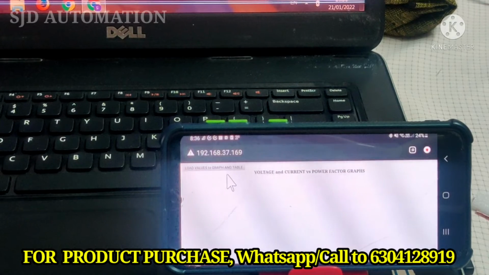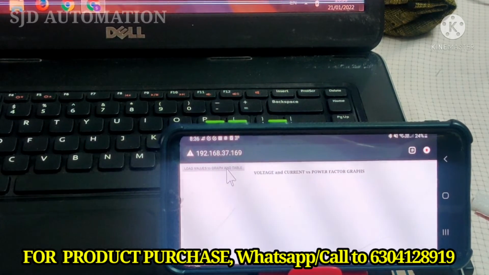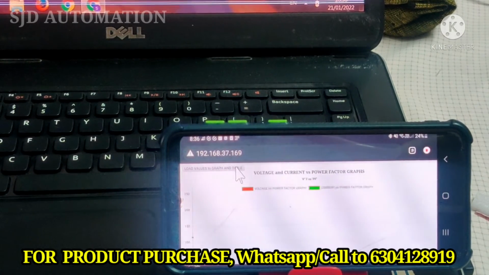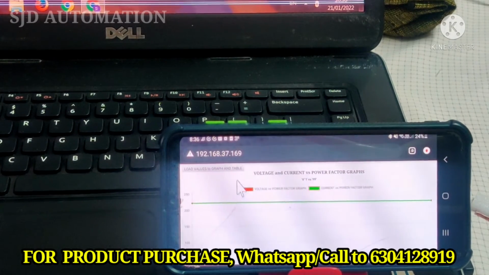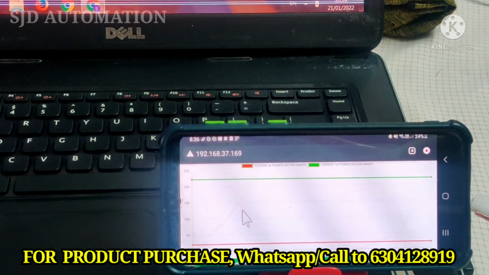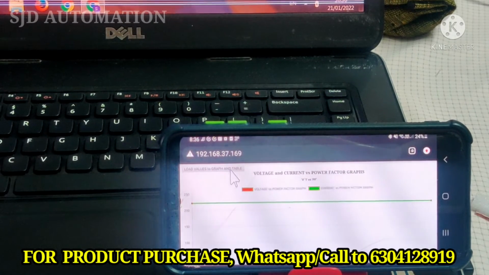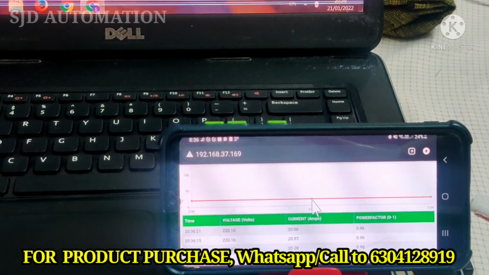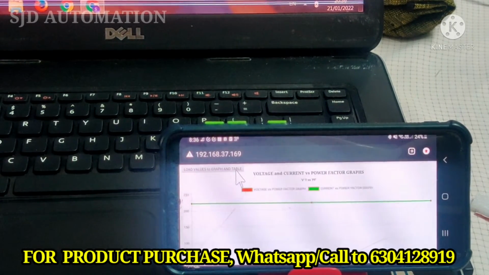Now by pressing this load value button, we will get the graph. If you observe, both graphs are loaded at the same moment. The values are loaded to the mobile.